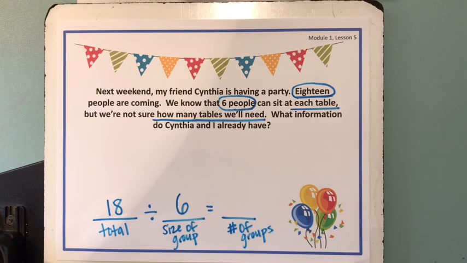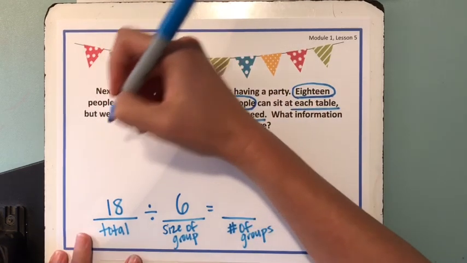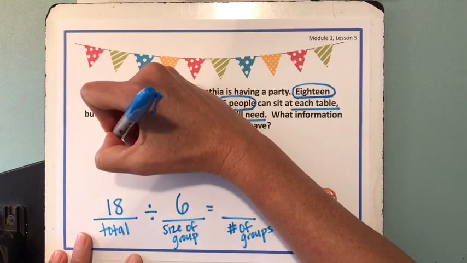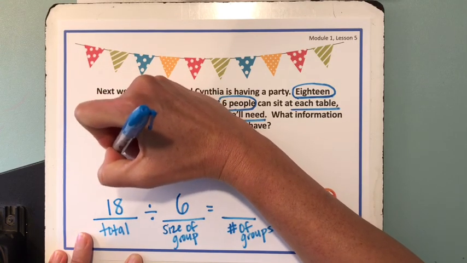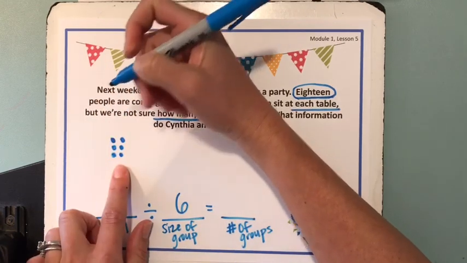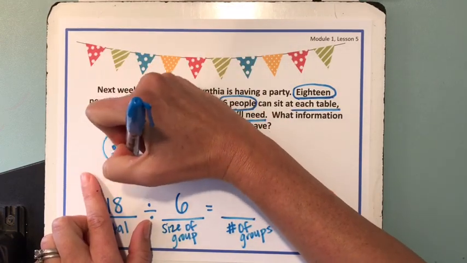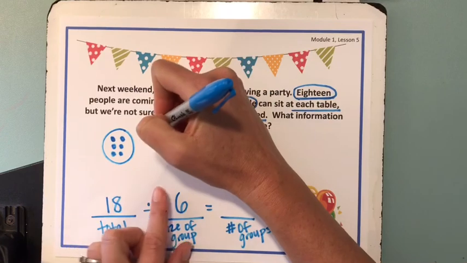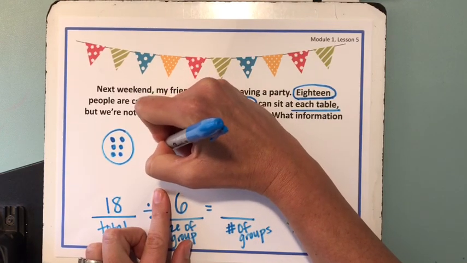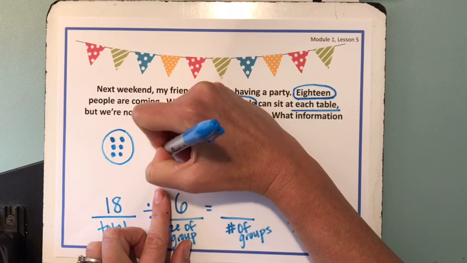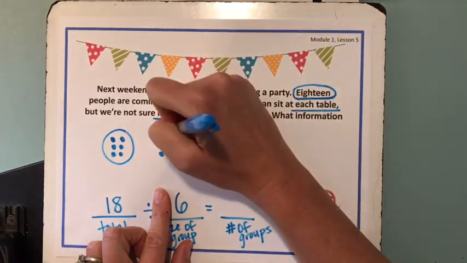Okay, so this is how we're going to do it. We are going to start to draw our picture so we can figure it out, right? So I'm going to start with 6. I'm going to do 6 dots. 1, 2, 3, 4, 5, 6. Okay, that's my first table. Table 1. And then I'm going to draw 6 more dots. 7, 8, 9, 10, 11, 12.